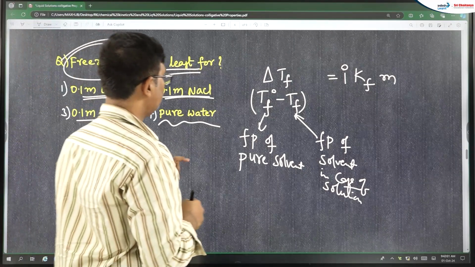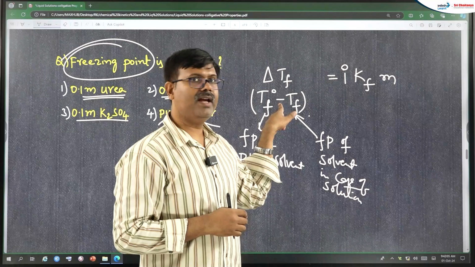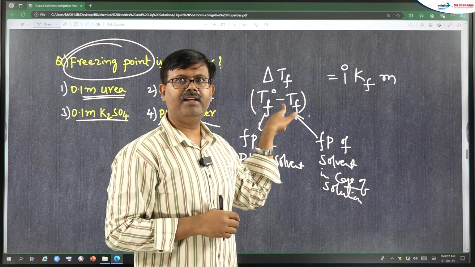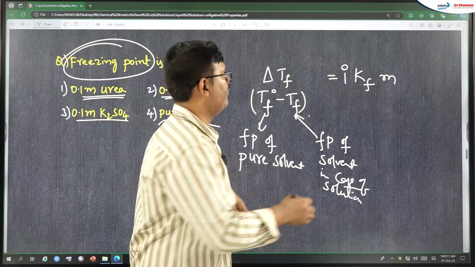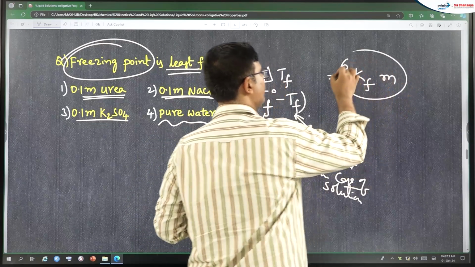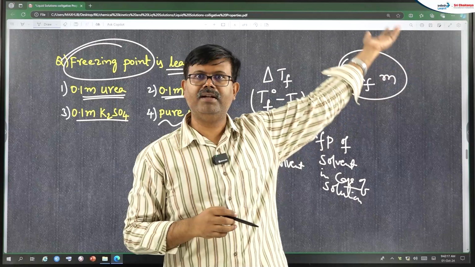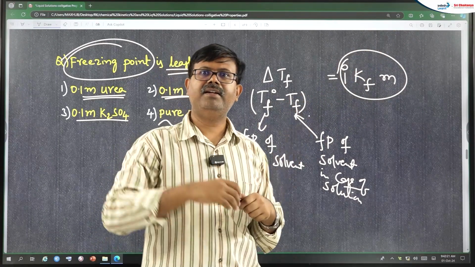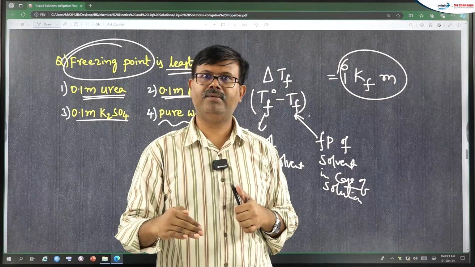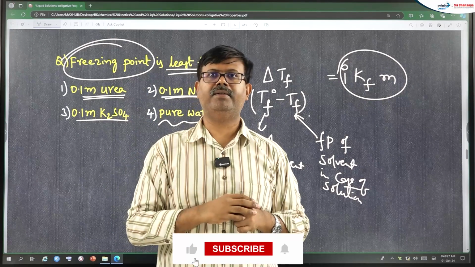Now freezing point TF has a negative sign in front. See, there is a negative sign in front, the TF value. So if i into Kf into molality value is big, right side quantity value is big, then because of minus sign here, TF value will be small. TF freezing point will be small here.